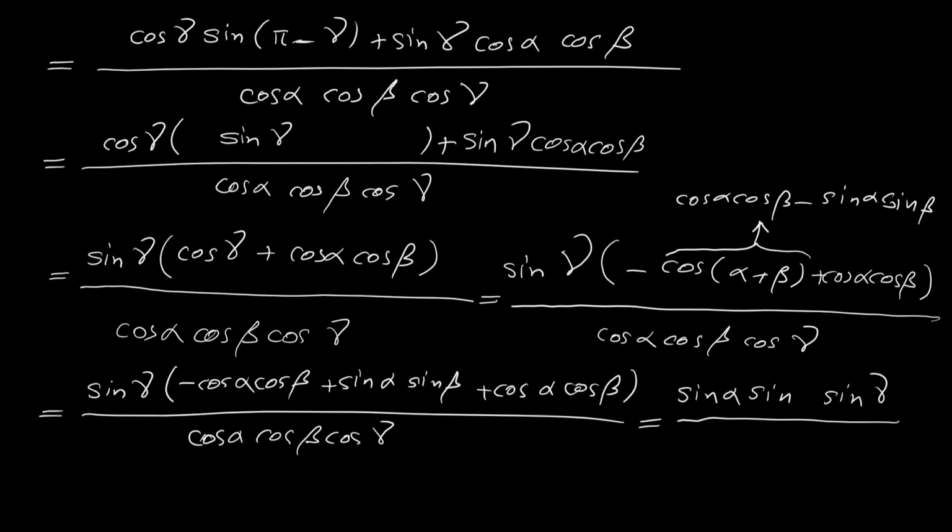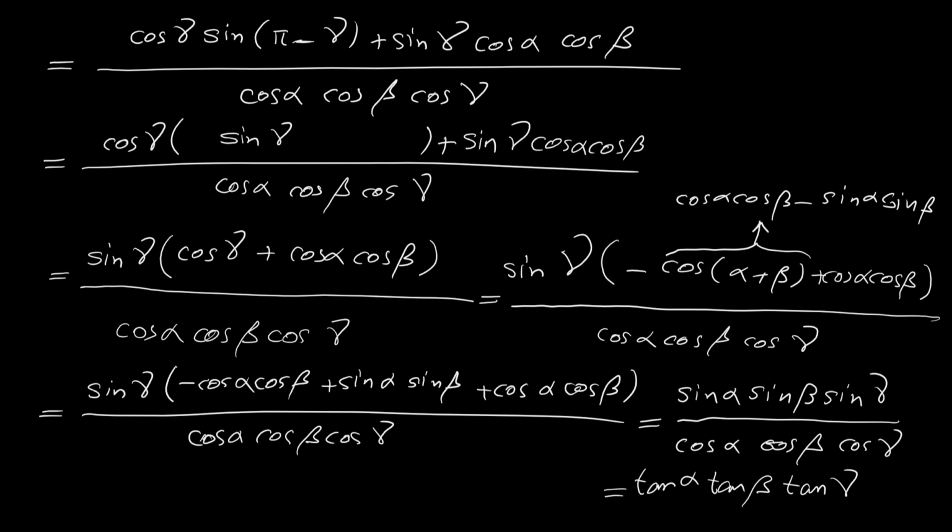What we have in the denominator is cosine of alpha, cosine of beta, cosine of gamma. Now if we separate sine over cosine, sine of alpha over cosine alpha is tangent alpha. Then we have tangent beta and finally we have tangent gamma.